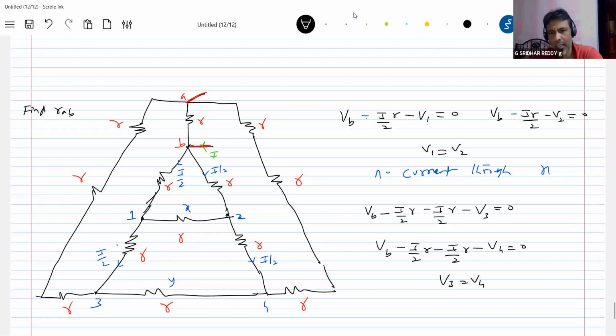So there is no current through resistor Y. If there's no current through Y, we can remove that resistance, and the circuit becomes a simple series-parallel one.